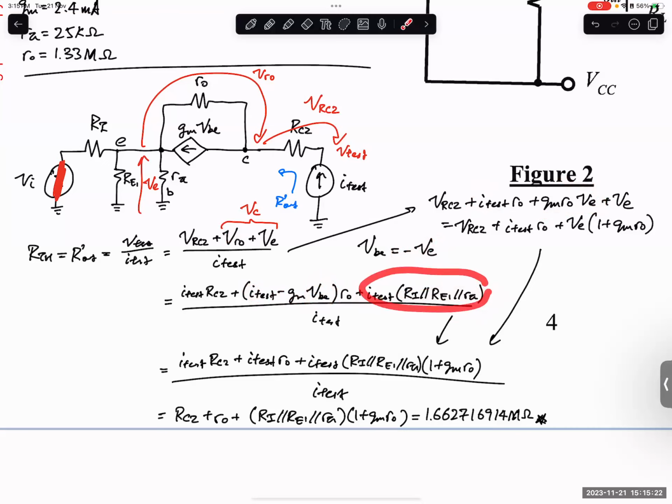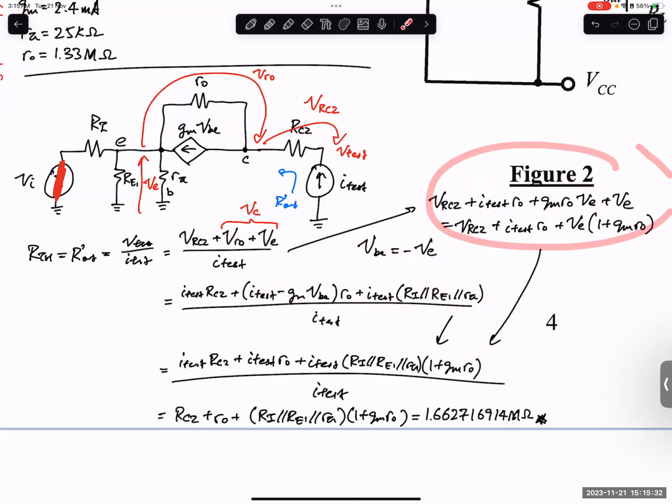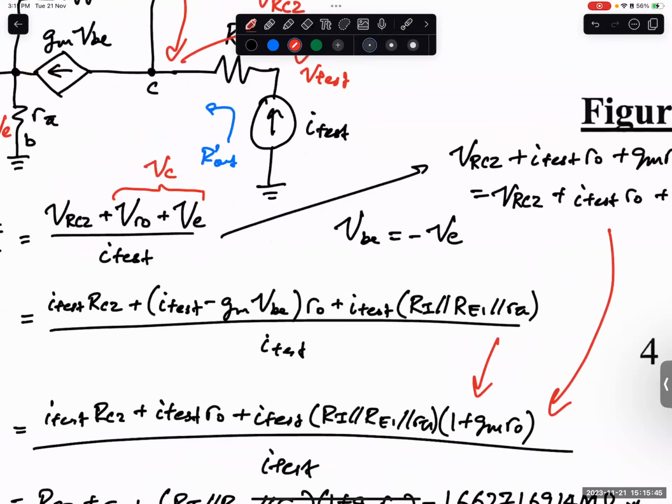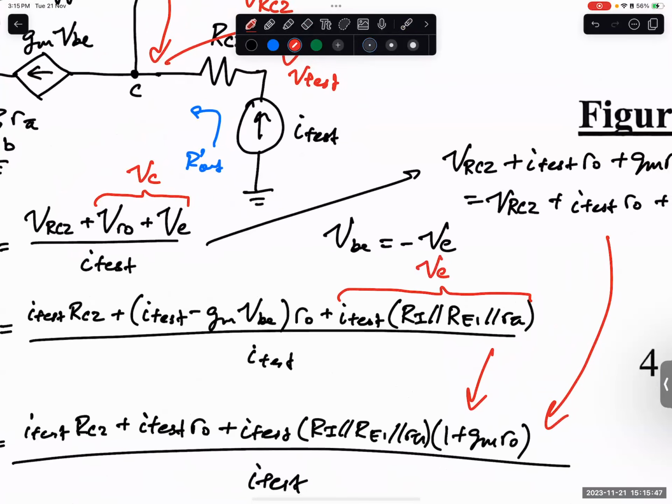So this one I bring inside here, and then it becomes positive. But because I want to jump a step, I will write this twice, to make it easier to understand. This one is VE, VE equals negative VBE. Then I put this inside here.